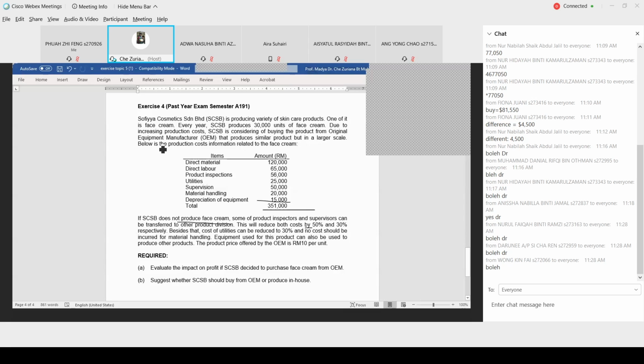Maksudnya, kalau this company does not produce the products, the supervisor cost can be saved about 30%, and then product inspection can be saved about 50%.